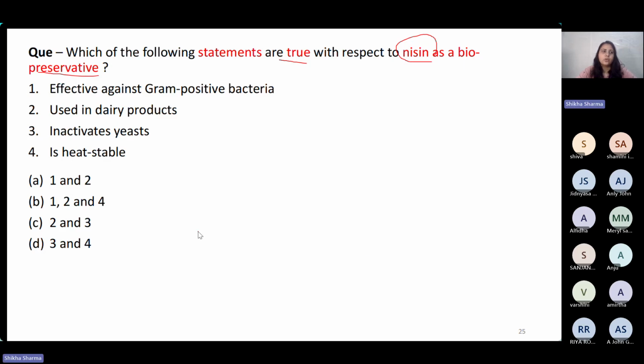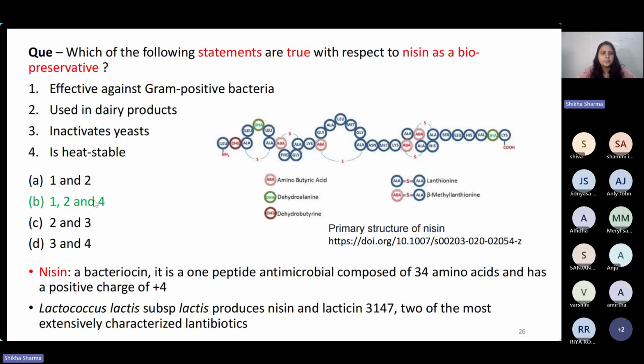Nisin as a biopreservative. Okay, let's see. So 1, 2, and 4 are the correct answer.